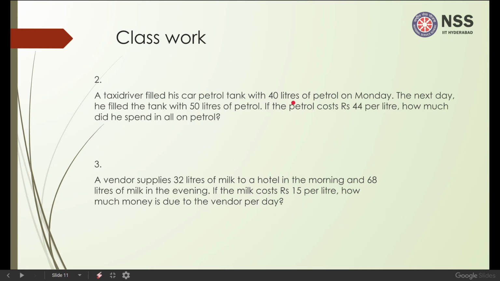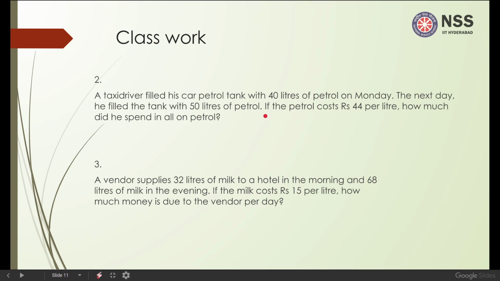Let us try to apply distributive property and solve it. On Monday, he bought 40 liters of petrol. So the cost of 40 liters of petrol is 40 multiplied by 44, which is 1760 rupees. Now, on the next day, he bought 50 liters of petrol.